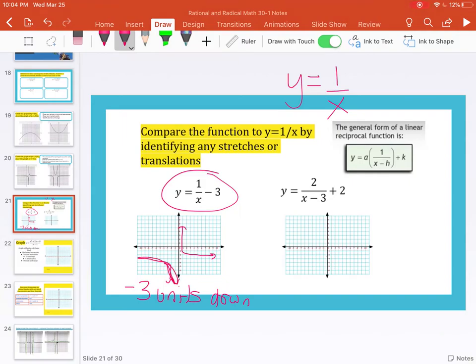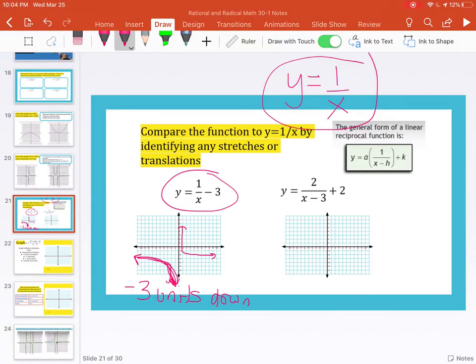What you should notice is that your horizontal asymptote, which used to be at y equals 0 on the original graph, moved down to y equals -3 on your new graph.